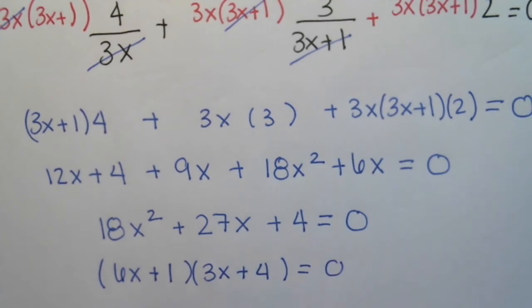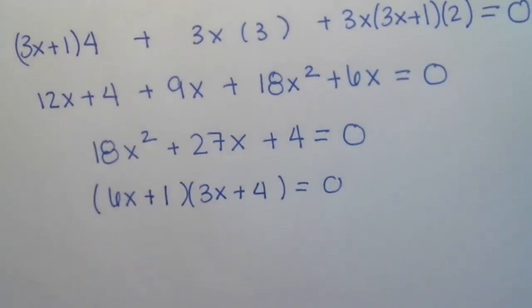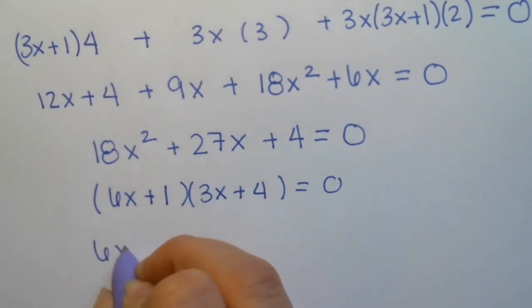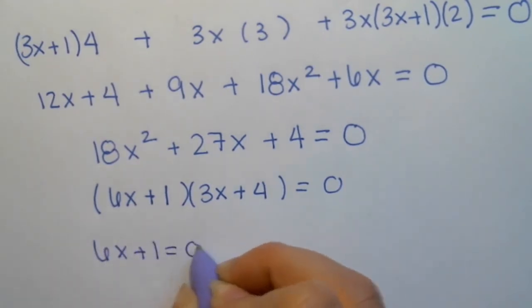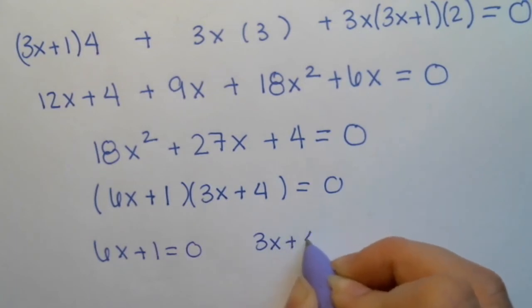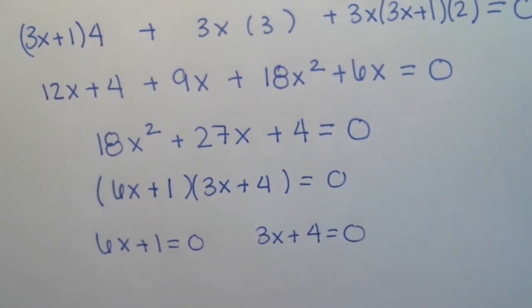Now you can check: 6x times 3x is 18x squared, 1 times 4 is 4, 24 plus 3 is 27. We'll set each factor equal to 0, and then get one solution from each one.